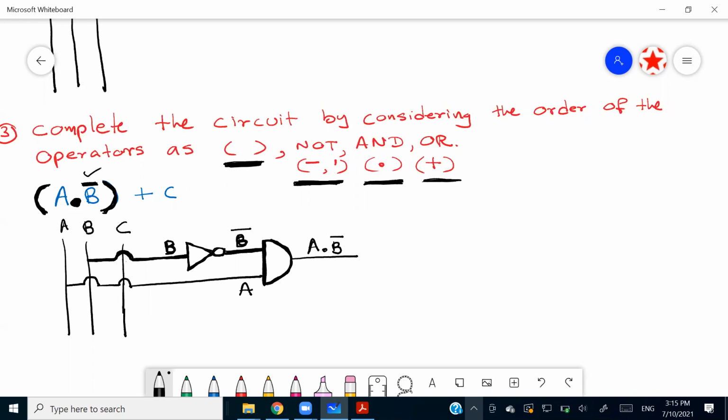It's something very similar to mathematics. First, we solve the things inside the bracket, then we come out of the bracket. Got that, Ravidu?